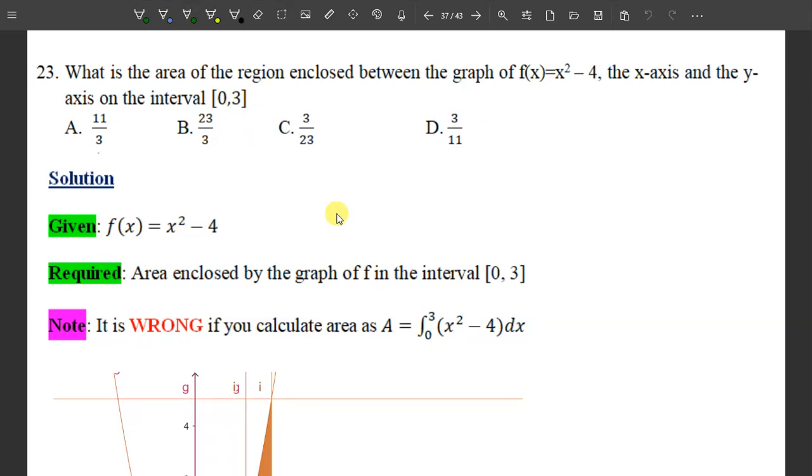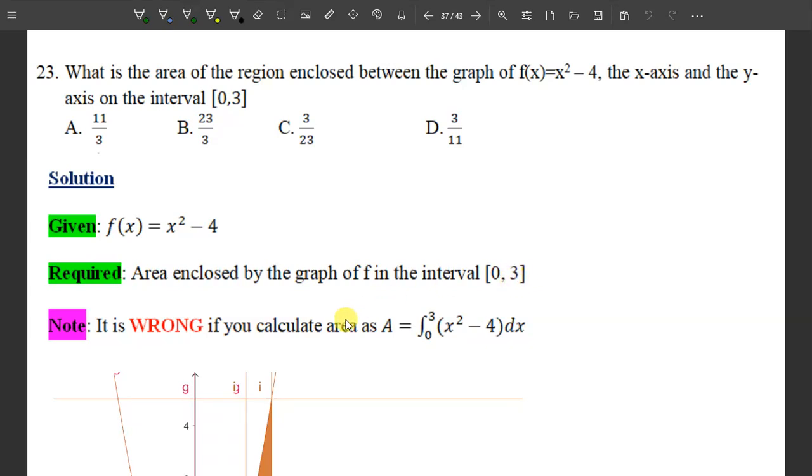That is what the question says. What is given? Our function f(x) is equal to x squared minus 4. And what is required? The area enclosed by the graph, the region bounded by the graph of the function between x equal to 0 and x equal to 3.